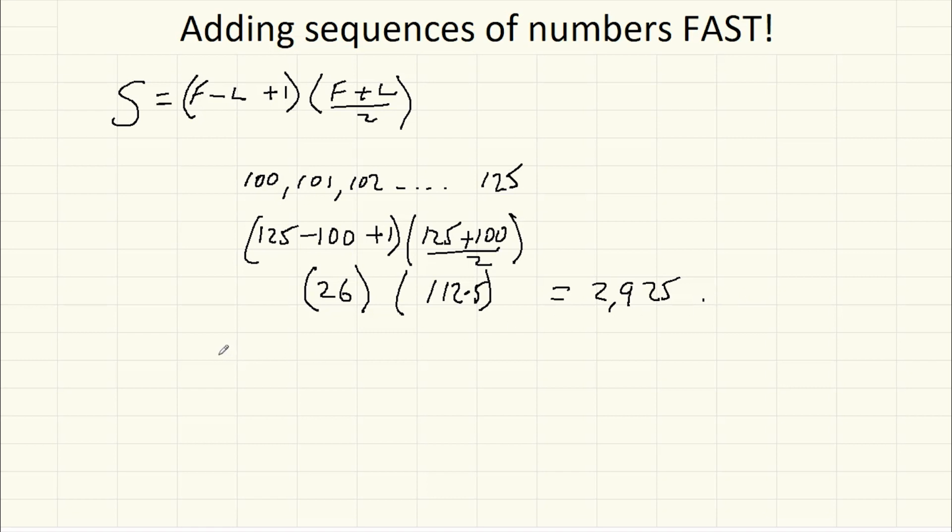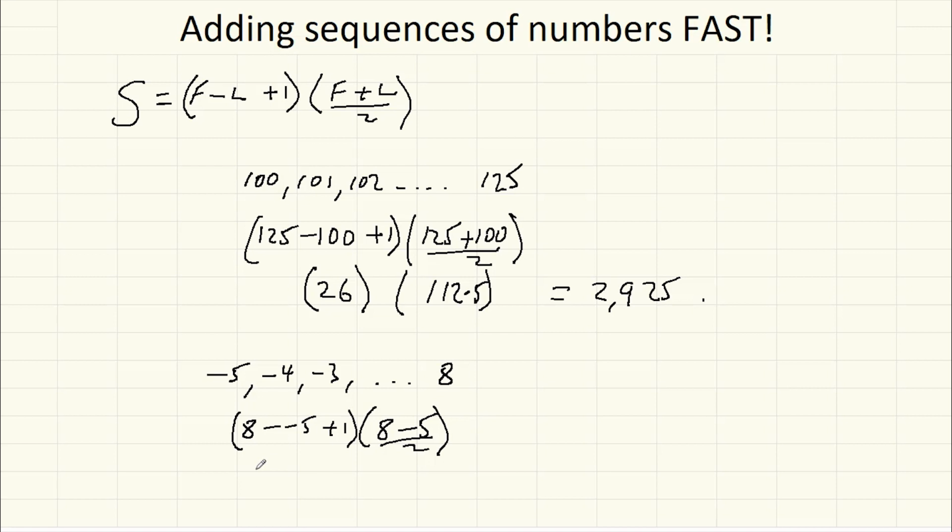Now let's try this one. Minus 5, minus 4, minus 3, all the way up to 8. Okay, first from last, plus 1, multiplied by first plus last, divided by 2.